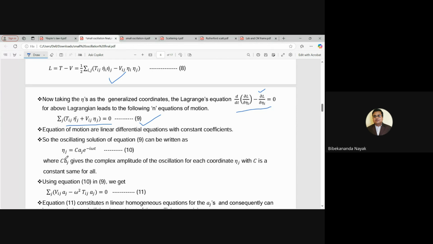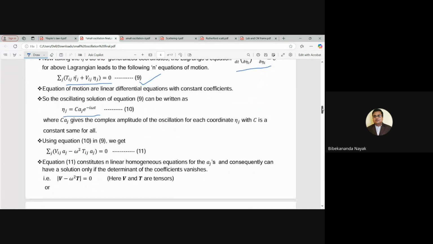It is a second order differential equation. By using the auxiliary method you can solve it and find the root will be e to the power plus or minus i omega t, like simple harmonic motion. It's the same equation, x double dot or y double dot plus omega square y equal to 0. Putting this root, we find V_ij minus omega square T_ij times a_j is equal to 0.